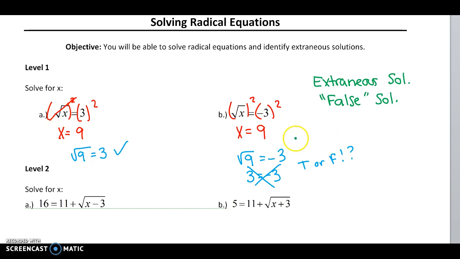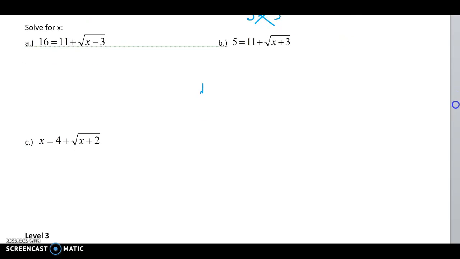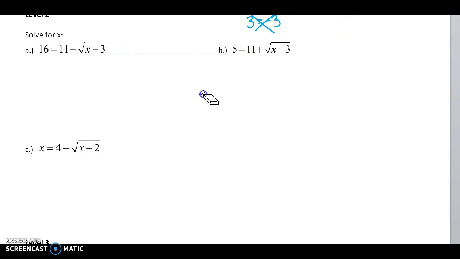So in this problem, I'd really say that there's no solution. And if you think about it, it makes sense. There's nothing you could square root to get an output of negative 3. So when you're solving radical equations, you're always going to need to check for false solutions, which are called extraneous solutions. We'll practice this as we continue through if you're not quite sure what I'm talking about yet.